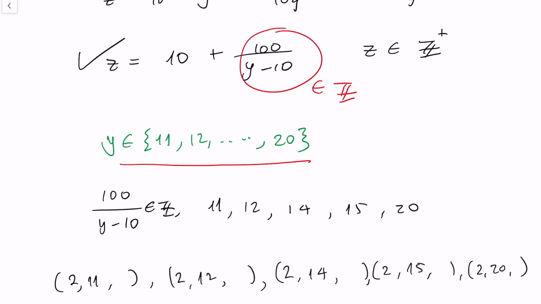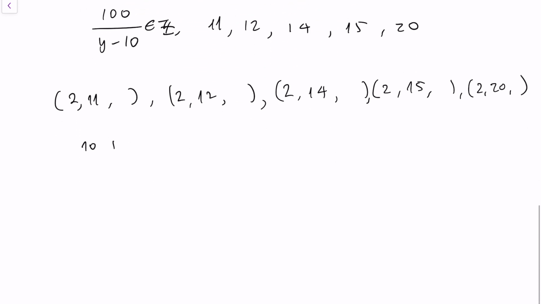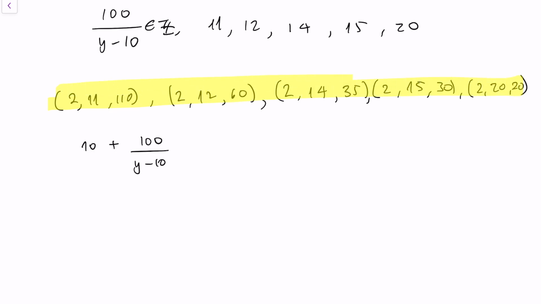So let's rewrite the equation here. So we have 10 plus 100 minus 100 over y minus 10. So when y is 11, we have 10 plus 100, so it will give us 110. Okay, so for x is equal to 2, this is the solution set we have, right?